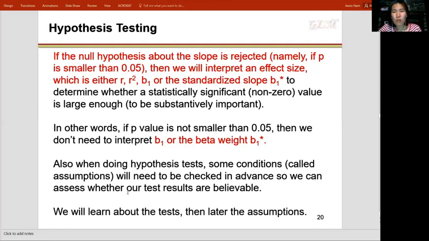Of course, this analysis is only used when assumptions are not violated, and assumptions are also very important. If assumptions are violated, your analysis is not trustworthy. We're going to learn assumptions later.